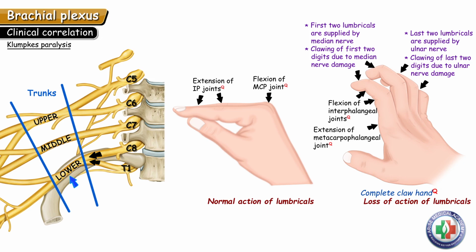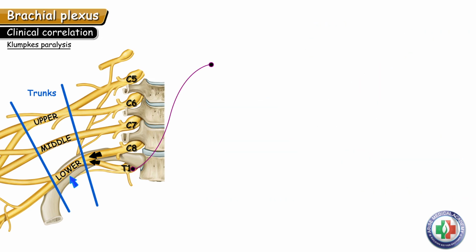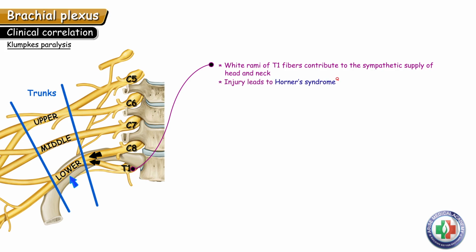In Klumpke's paralysis, because it involves C8 and T1 fibers, the white rami of T1 contribute to the sympathetic supply of head and neck region. So, when there is injury to the lower trunk, there is also damage to the sympathetic supply to the head and neck, leading to what is called as Horner's syndrome.